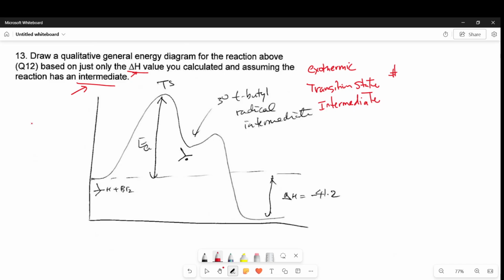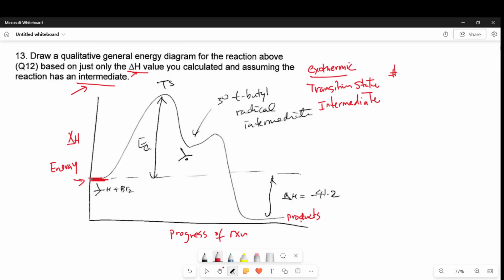So I start by labeling this. This is delta H, or energy. This is the progress of the reaction in that direction, or time of reaction. Now, since the delta H value is exothermic, the energy of the starting materials right here, this butane and bromine, is higher than the energy of the products.